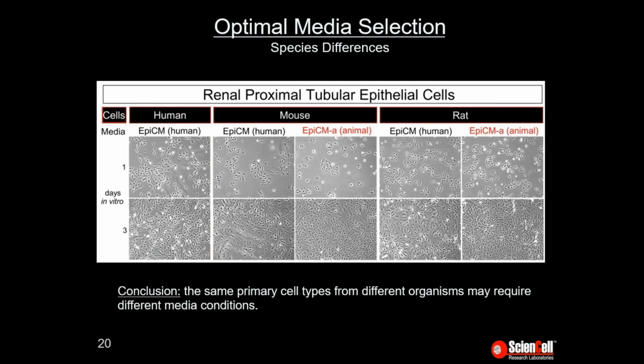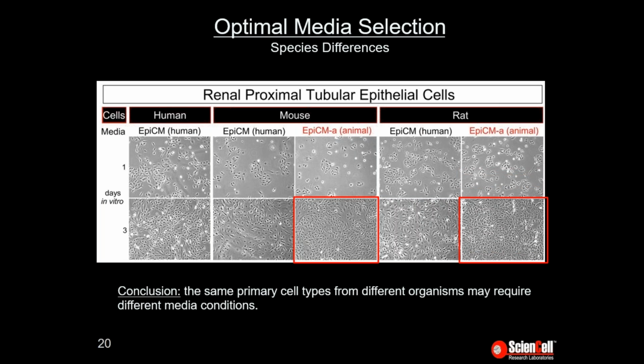When we try to grow the same cell type isolated from mice in either the human optimized media or the animal optimized medium, it is evident from the growth and morphology that the mouse cells prefer the animal medium. On the right, a similar result is seen with the rat cells. Their growth is much better in the media optimized for animal cells.